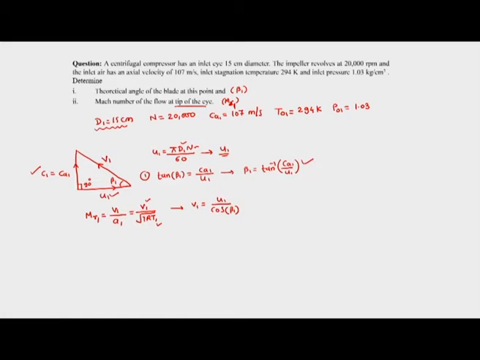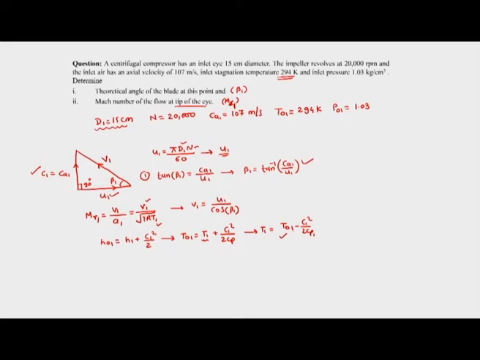Now our problem is to find out T1. For that we can take help of H01 equal to H1 plus C1 square by 2. So T01 is equal to T1 plus C1 square by 2 Cp. Here we are supposed to know T1. So T1 is equal to T01 minus C1 square upon twice Cp, where we are told that the stagnation temperature at the inlet is 294.